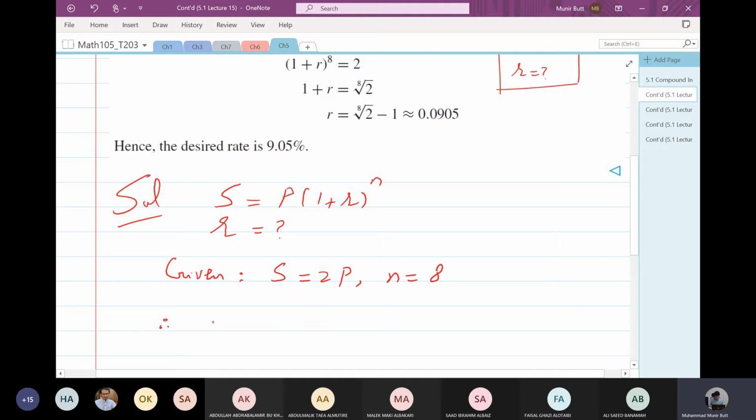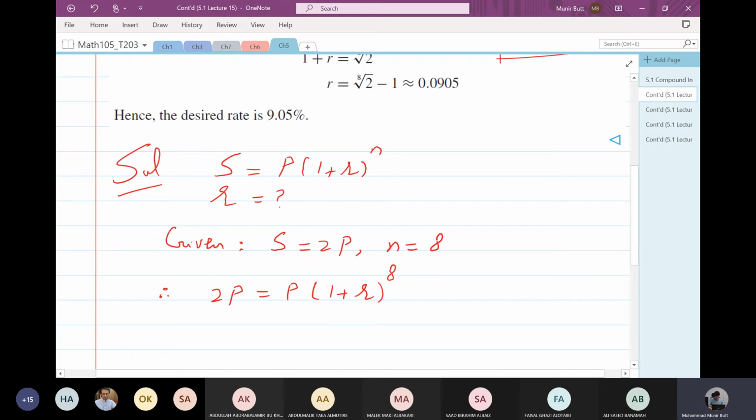So therefore 2P will be equal to P into 1 plus R to the power 8. And then clearly this implies 1 plus R to the power 8 is equal to 2.